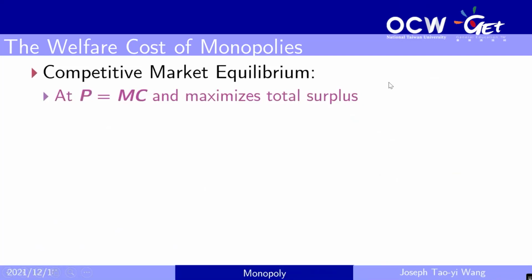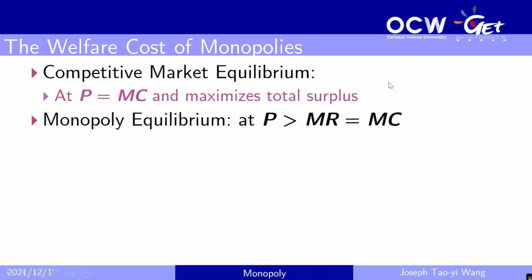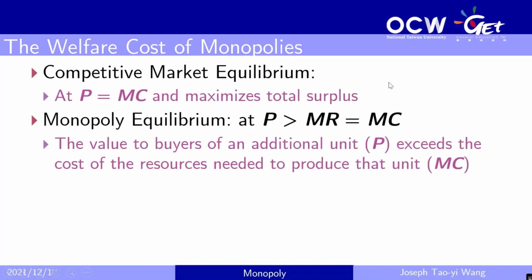Okay, so because of this difference, you get a welfare loss because of this monopoly. Remember from chapter 14, we know that the competitive market equilibrium maximizes total surplus because you're pricing at marginal cost. But in the monopoly equilibrium, the monopolist is pricing above marginal revenue. But to maximize profit, marginal revenue equals marginal cost. So what this means is that you have this markup.